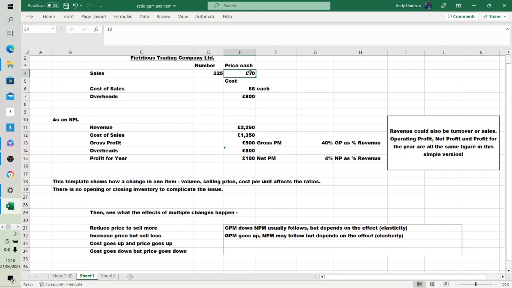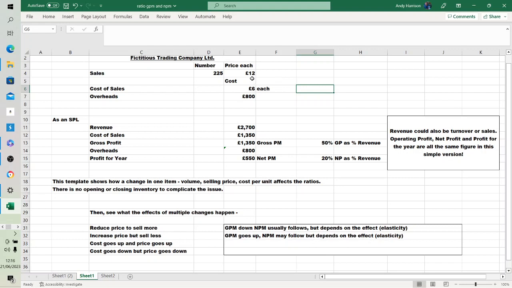If we just put our price up in line an extra £1, that still doesn't get back up to our 50%, but actually our net profit margin is healthy as a result. If we just put our price up by that much though, back to the same gross profit margin, 100% markup, 50% margin, and you can see our net profit is looking healthier.